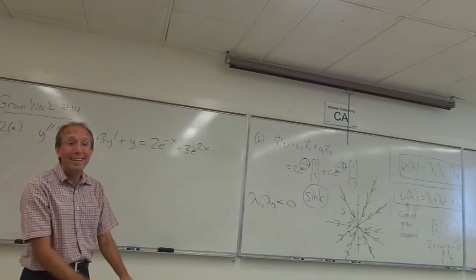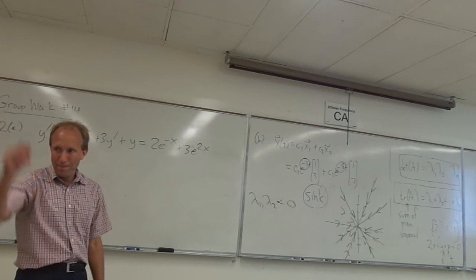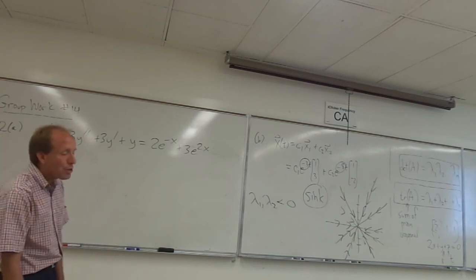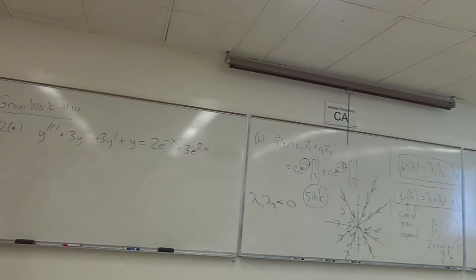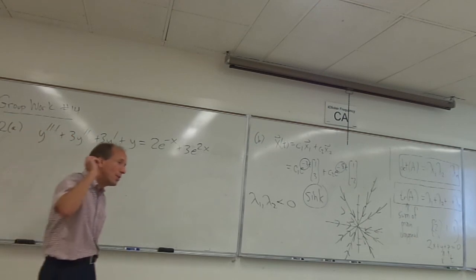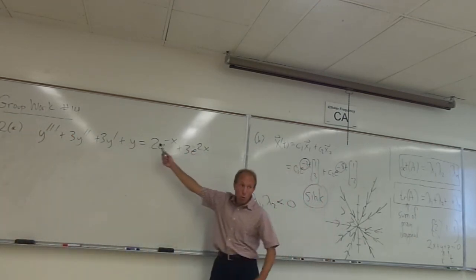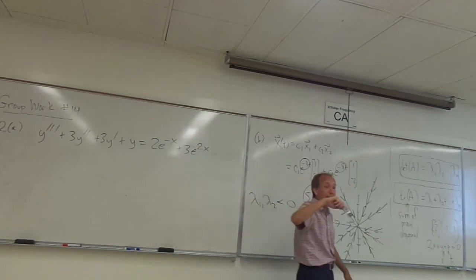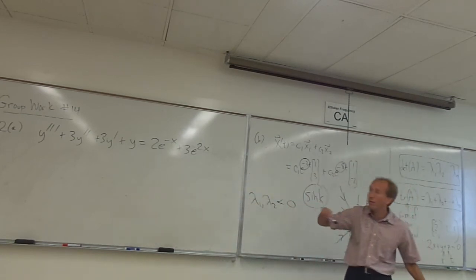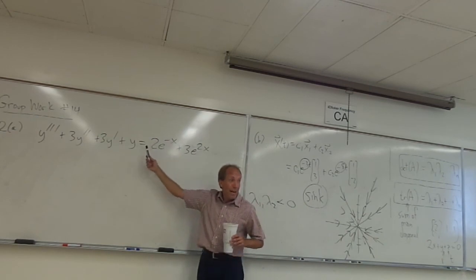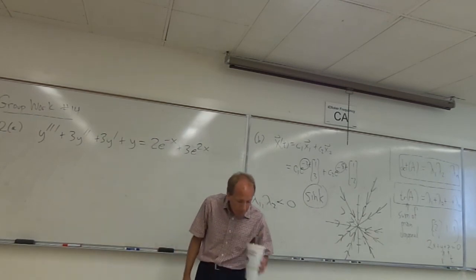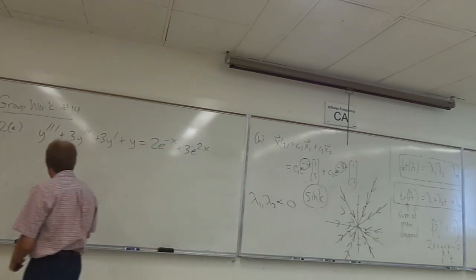Annihilators, because I only showed you how to do variation of parameters for second order differential equations. We also know how to annihilate the right hand side, because these are very familiar functions. So we're going to use the annihilator method.